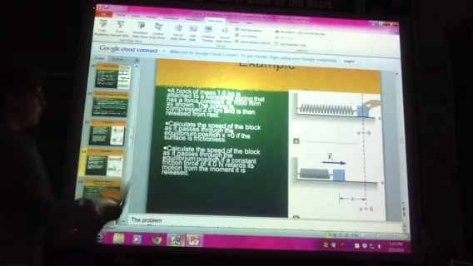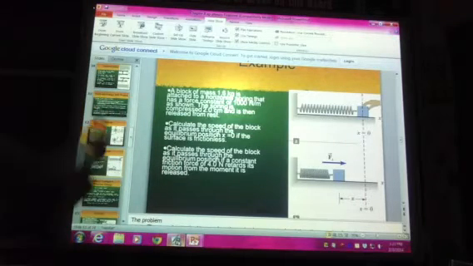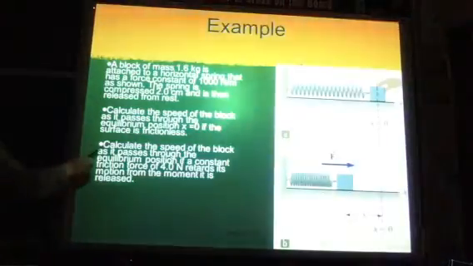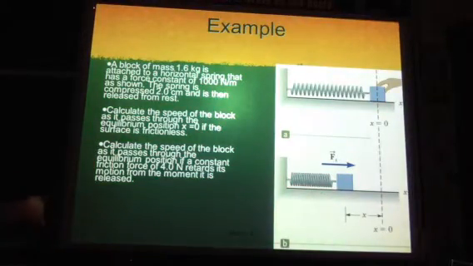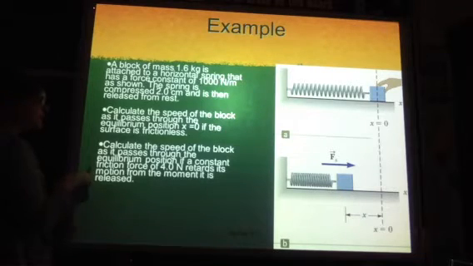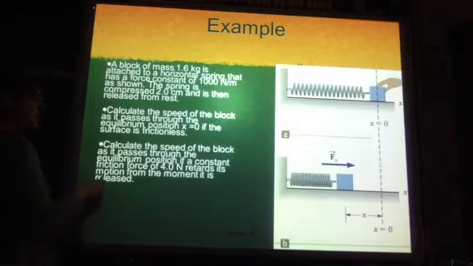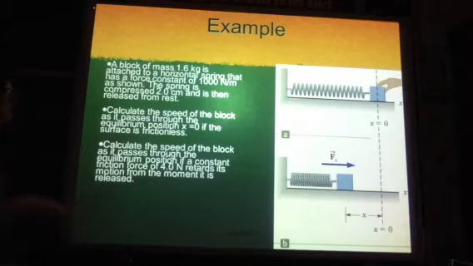Okay, let's look at the second one. The second part of this question says, calculate the speed of the block as it passes through the equilibrium position if we have a constant friction force of 4 newtons that's going to start to slow that motion from the moment that it is released.